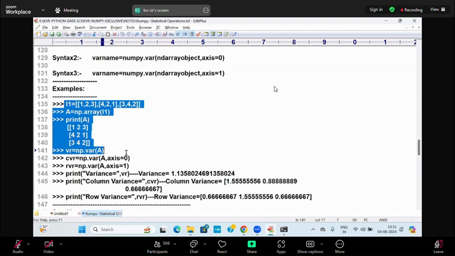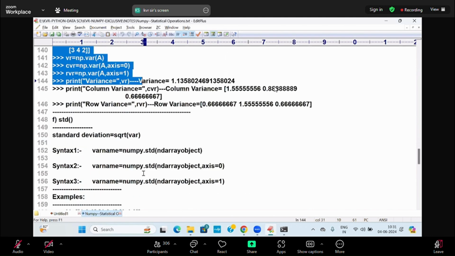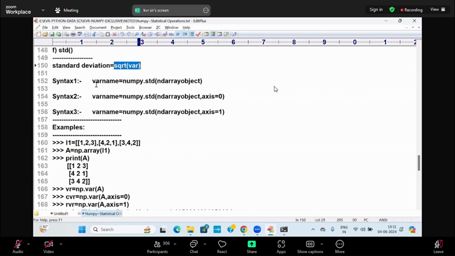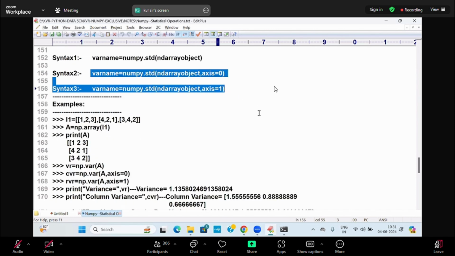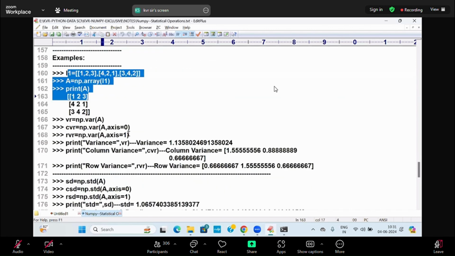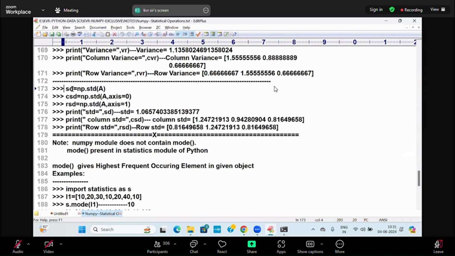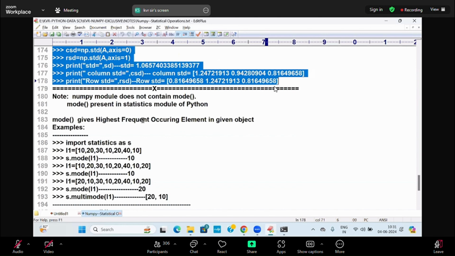Standard deviation is equal to the square root of variance. Variable name equals numpy dot std of the data, axis-wise standard deviation. You are finding row-wise, column-wise, everything you have seen, and the standard deviation of the entire matrix.